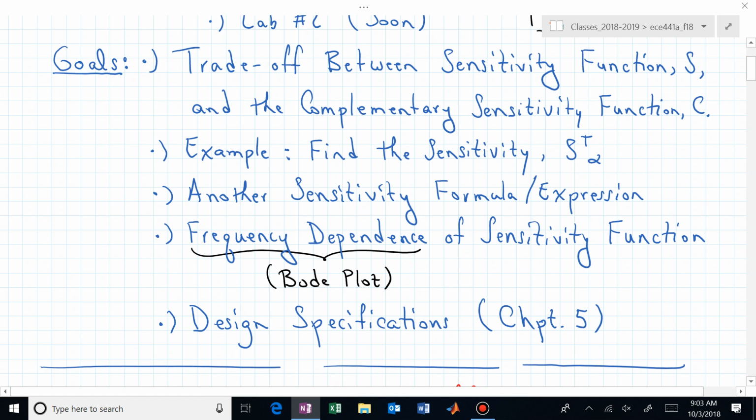Today what I want to do is talk about trade-offs. Control is full of trade-offs. That's what control is about. But here we are going to be trading off or examining the sensitivity function, S, and the complementary sensitivity function, C. And hopefully in today's presentation or material, you'll see why, if S is the sensitivity function, we're calling C the complementary sensitivity function.